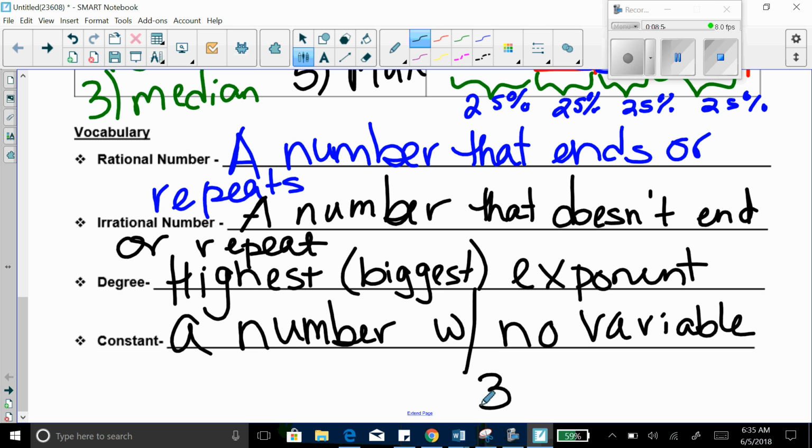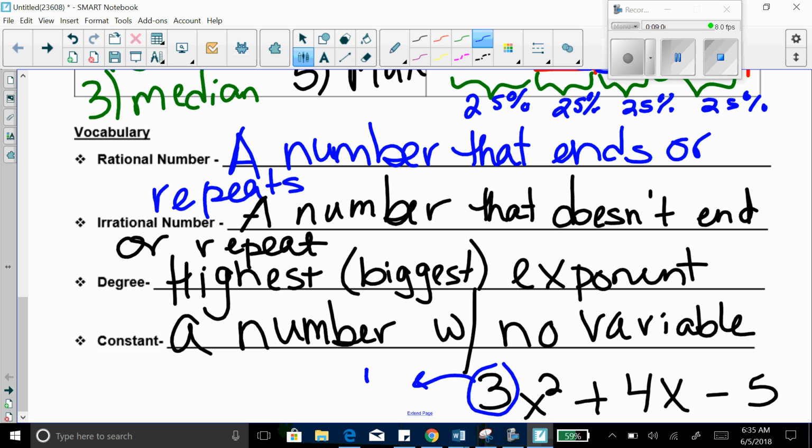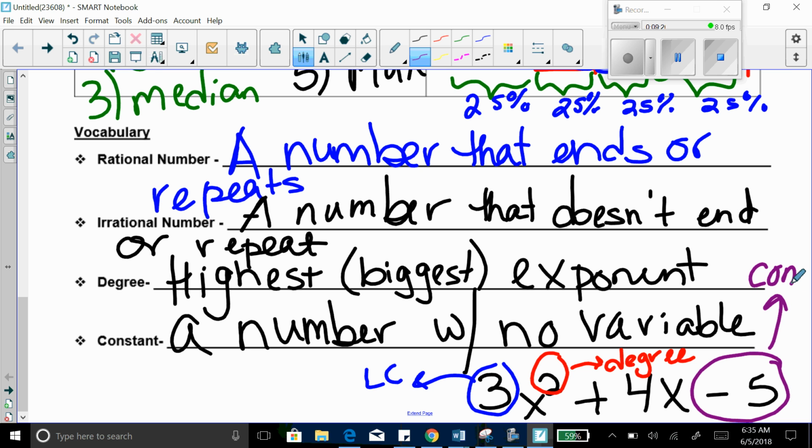So something like this, 3x squared plus 4x minus 5. Here, 3 is our leading coefficient. 2 is our degree, because that's the biggest exponent. And negative 5 is our constant, because that has no letter with it. Here we go, our constant.